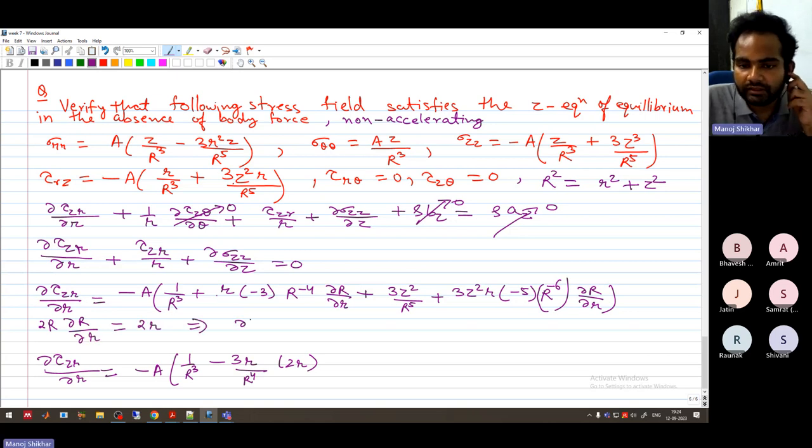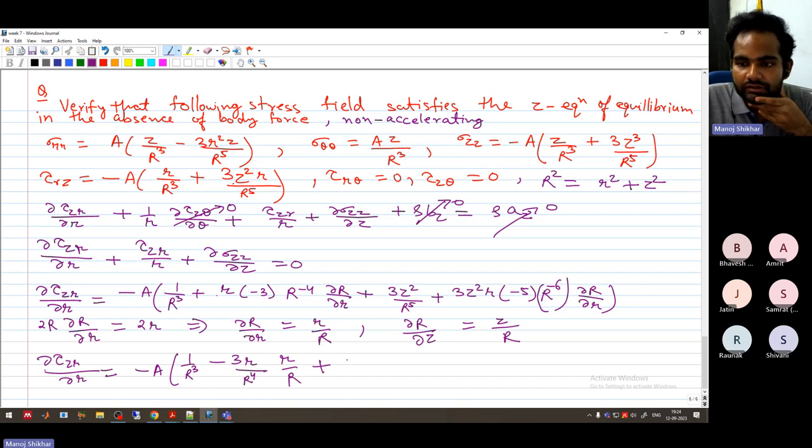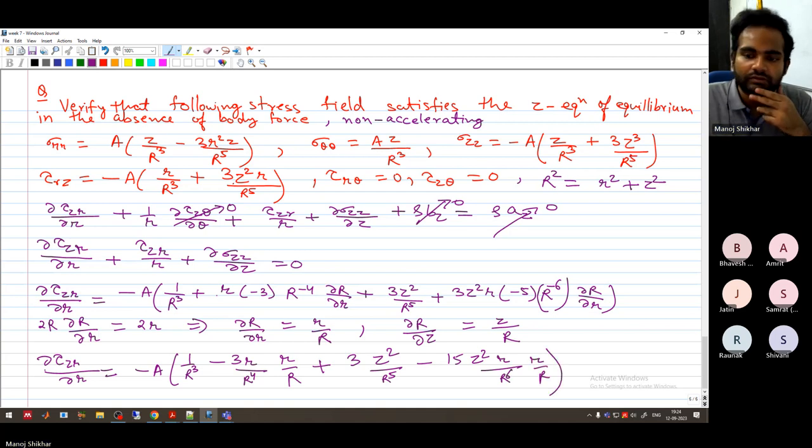So from here, we will get del R upon del r as small r upon capital R. Similarly, we will get del R upon del Z as Z upon capital R. So here the replacement will be small r upon capital R.